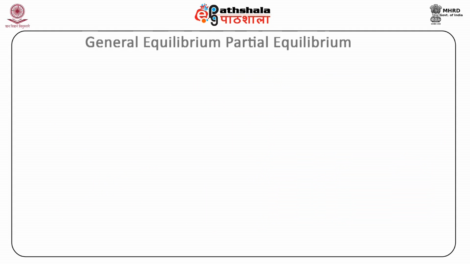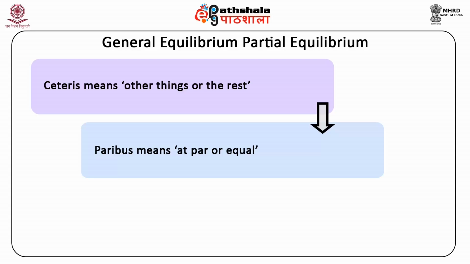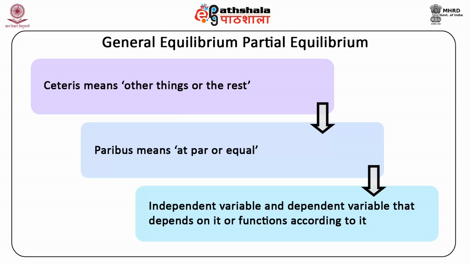Let's talk about general equilibrium and partial equilibrium. In Latin, ceteris means other things or the rest, and paribus means at par or equal. The phrase ceteris paribus thus means other things being the same. It qualifies or conditions a causal relationship between an independent variable and the dependent variable that depends on it or functions according to it.